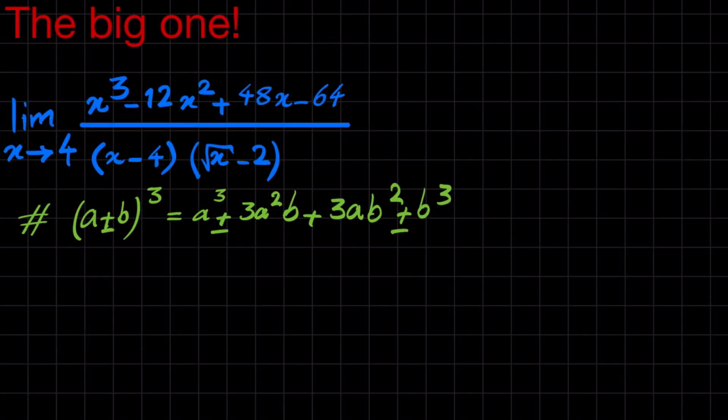Well, for the last one and the big one, it might seem a bit complex, but we need to rewrite the numerator in a way that it could cancel with the denominator. Right now it's 0 over 0, and it's undefined.